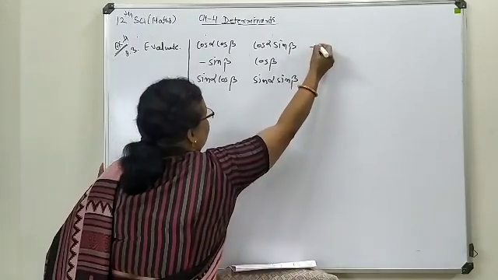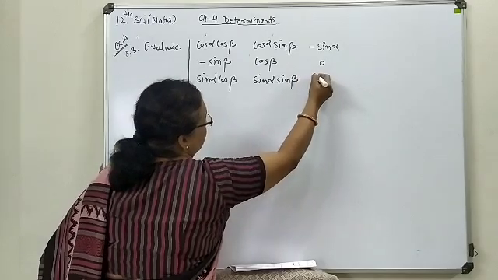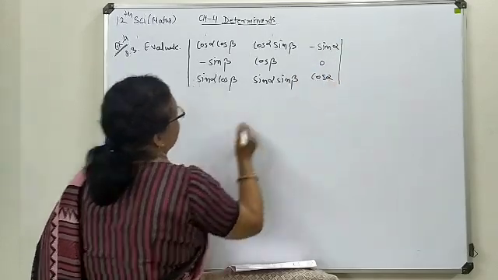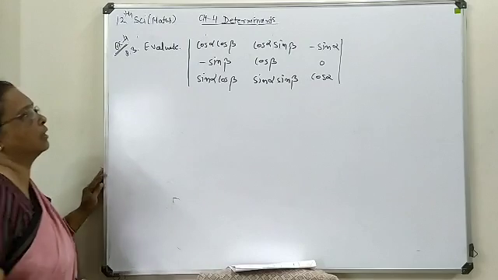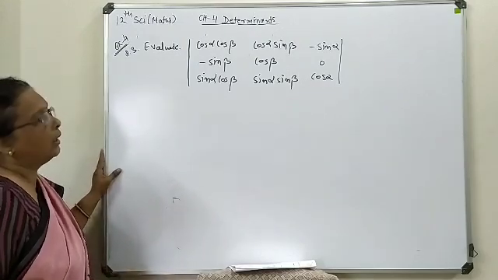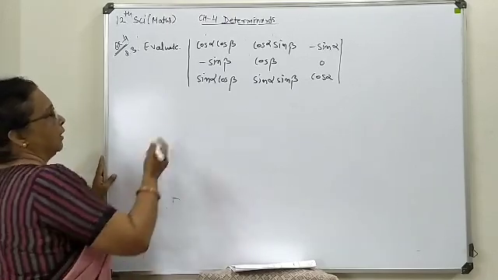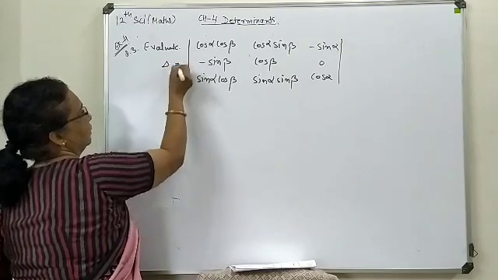Last is minus sine alpha, 0 and cos of alpha. This is to be evaluated. Here also you can see none of the properties can be implemented to combine terms. So we will go for direct expansion of this determinant.